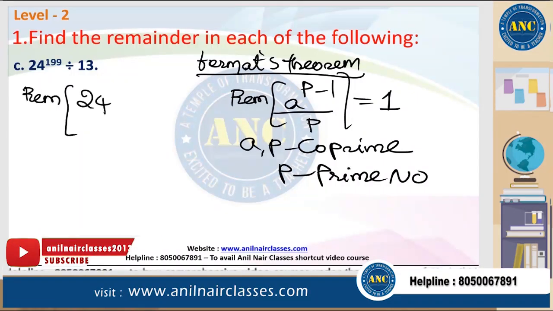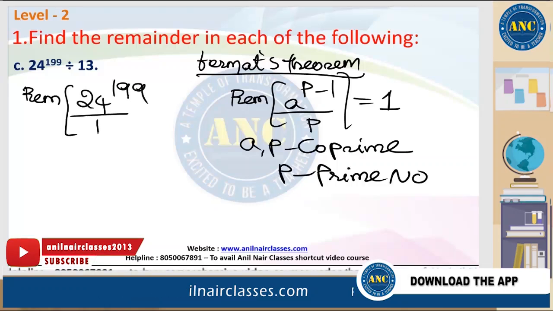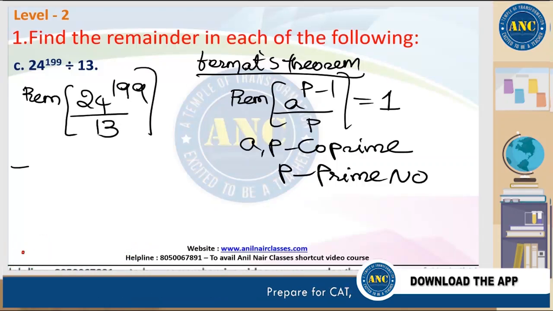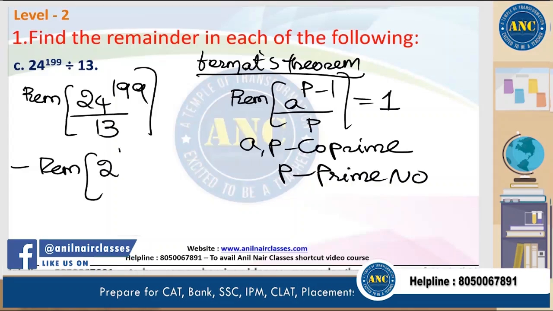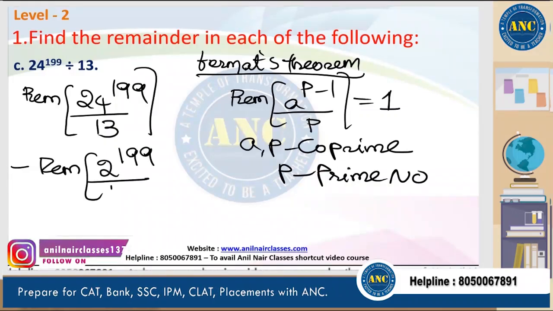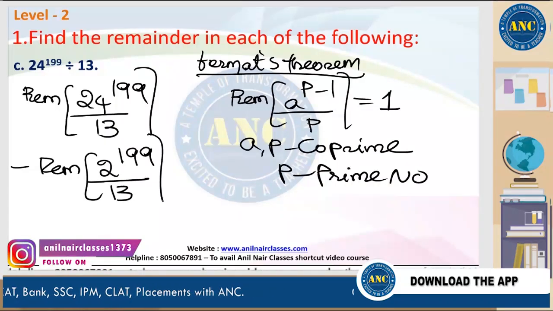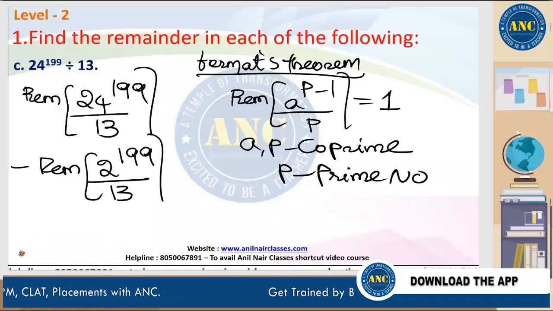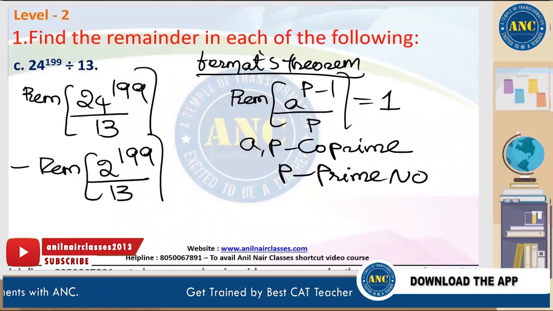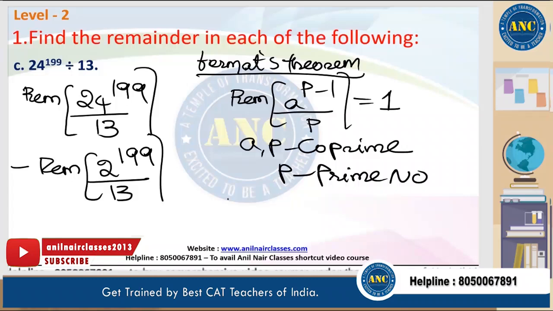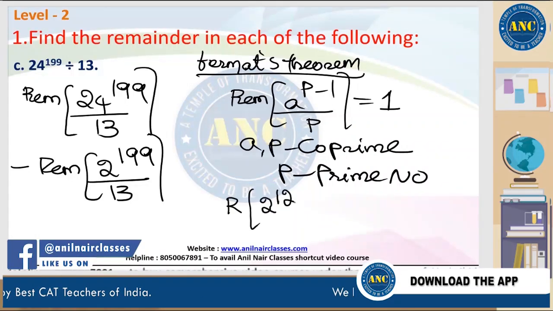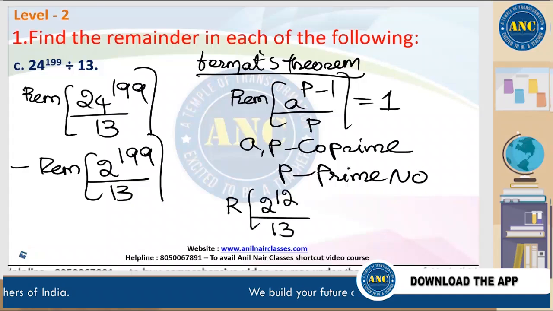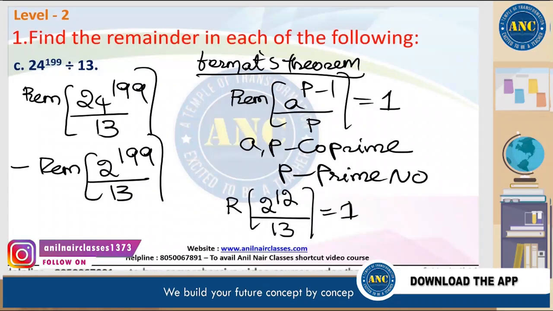Now, if I use this, 24 power 199 divided by 13: 13 twos are 26, minus 2. Minus 2 power odd is minus 2. So 2 power 199 divided by 13. Beta, listen carefully. There is a beautiful catch in this question. 2 power 13 minus 1, that is 2 power 12 by 13, is 1 according to Fermat's theorem.